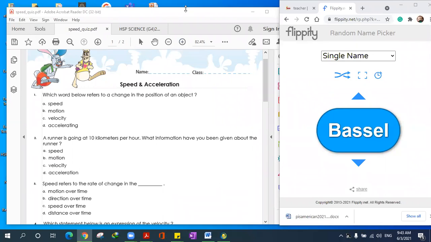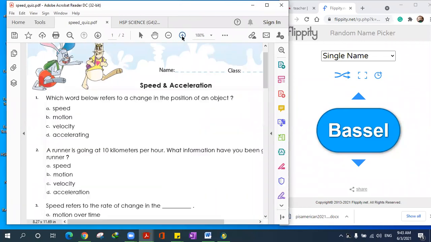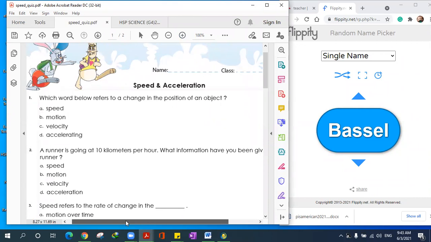Let me zoom in so you can see the question more. Number 1: Which word below refers to a change in the position of an object? Speed, motion, velocity, or acceleration. Be careful because this one could be a little bit tricky.